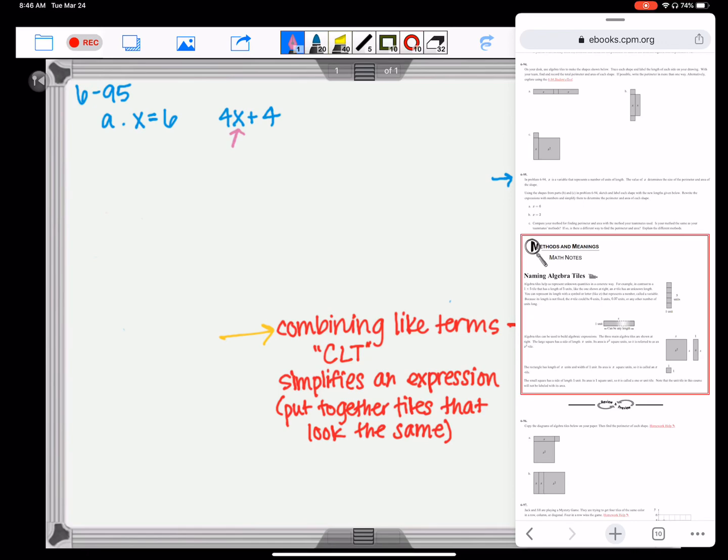So I'm going to rewrite this substituting 6 for X. Now that doesn't mean that I just plug it in and say it's 46. That means that we multiply 4 times X plus 4. So 4 times 6 is 24 plus 4. And then if we add those together, we get 28.